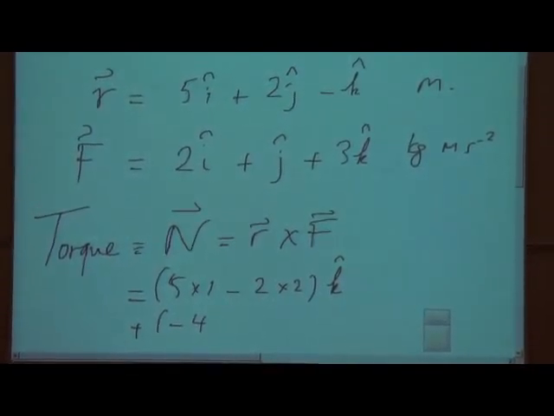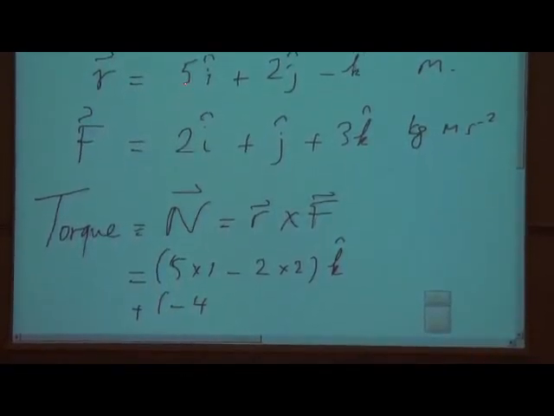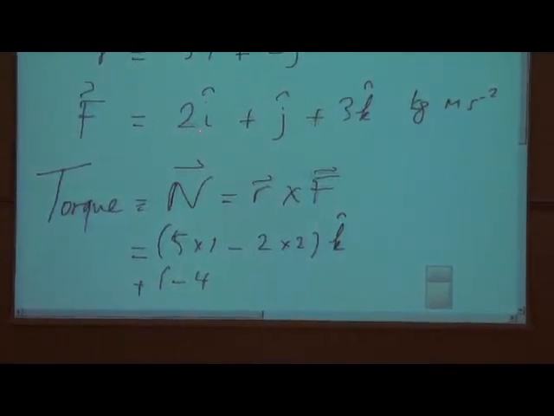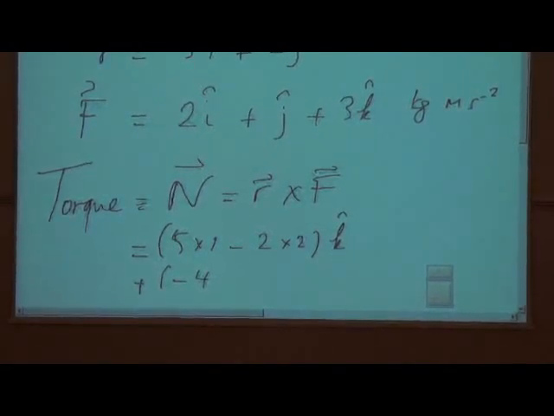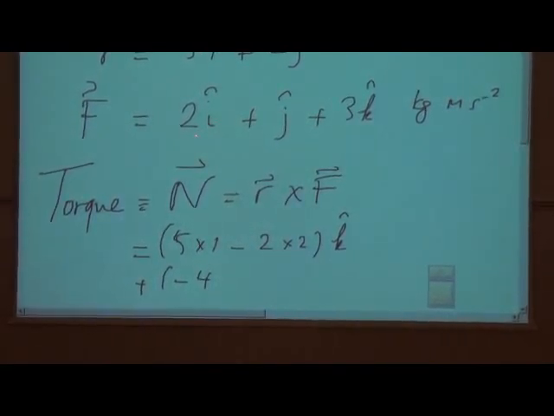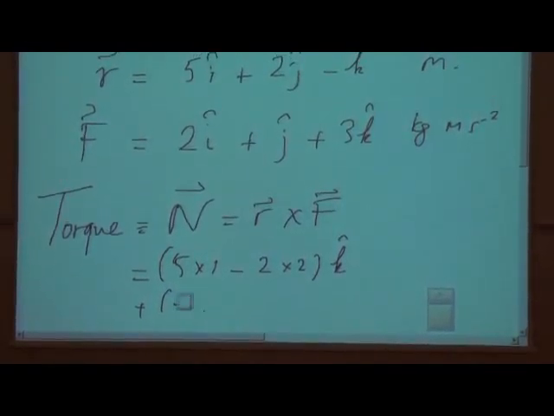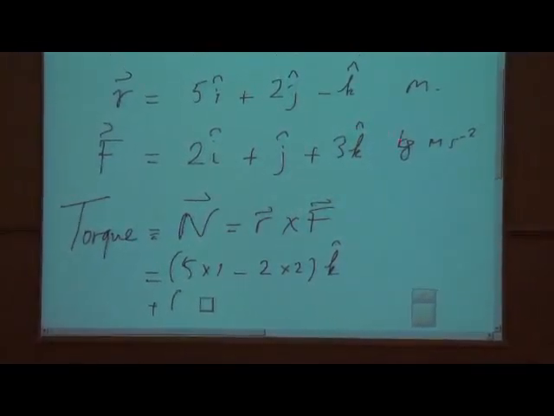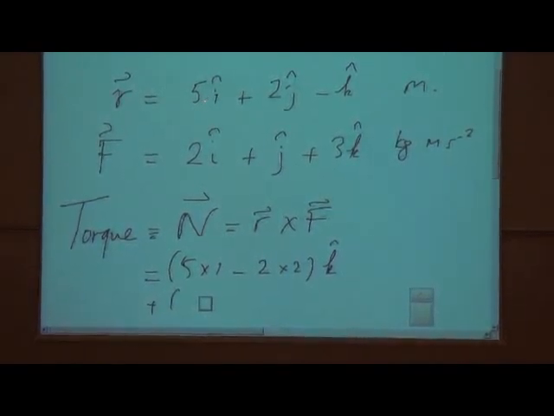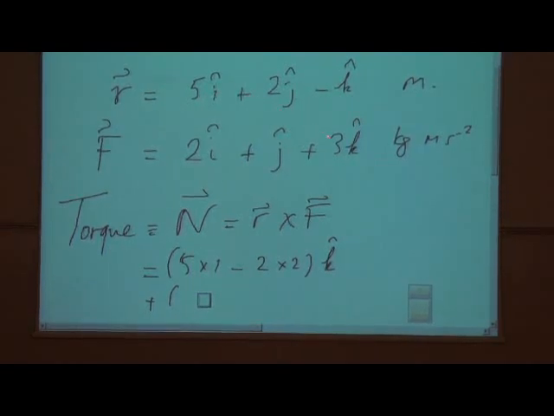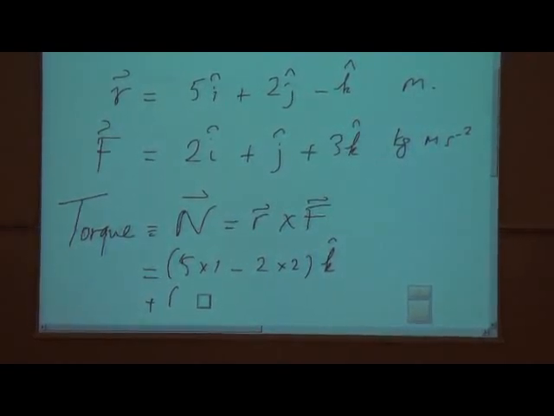And then let me do the I cross J. No, I already did this. Sorry. I'm trying to do this one with this one, right? Because I already did the I and J calculation. Now I go on to I with K. 5 times 3, I cross K. Okay, is what?